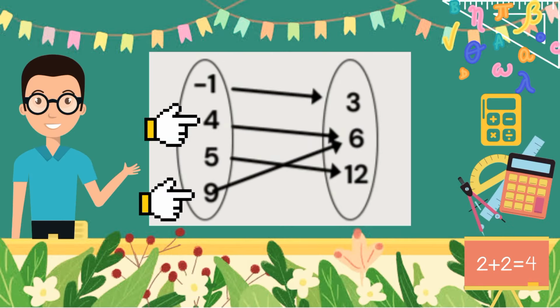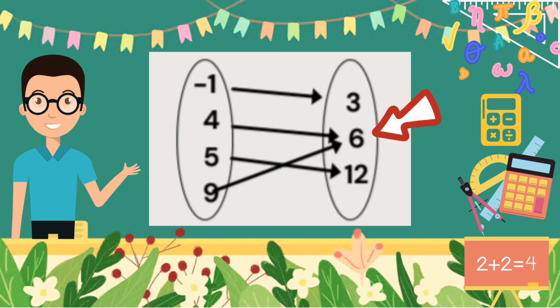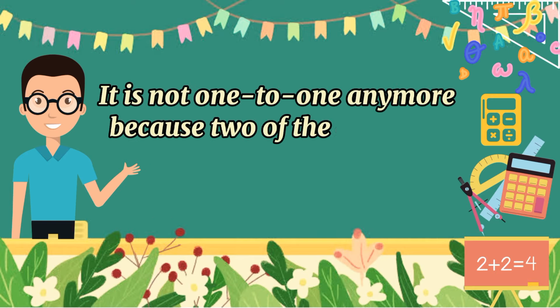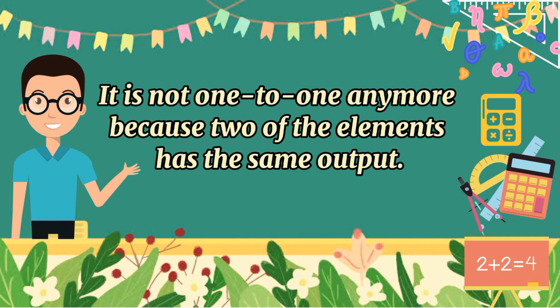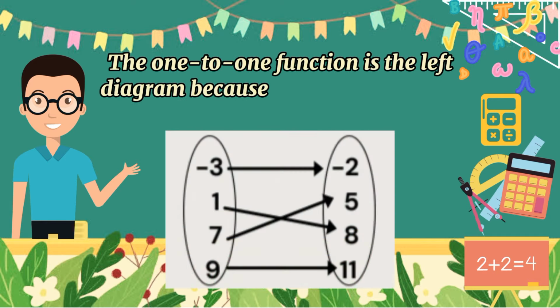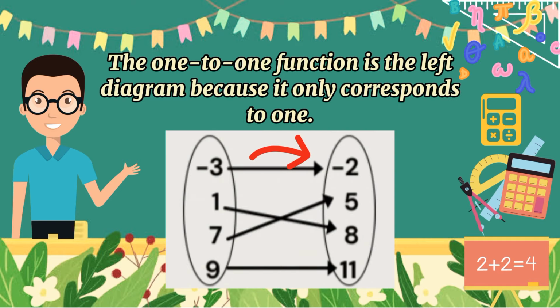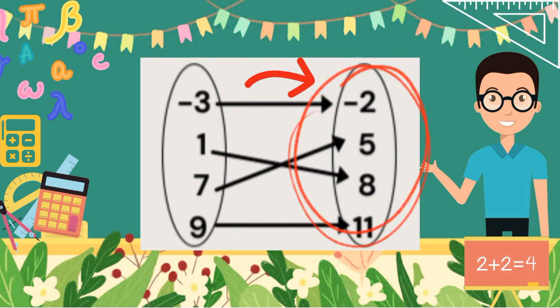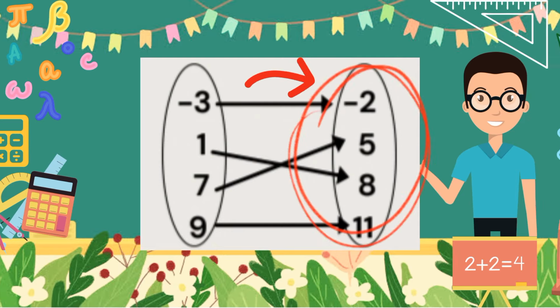You can see that 4 and 9 have the same correspondent, which is 6. The 6 has two correspondents. That means that it is not one-to-one anymore. Because two of the elements have the same output, the one-to-one function is the left diagram because it only corresponds to 1. The values in the domain have their own distinct values in the range.